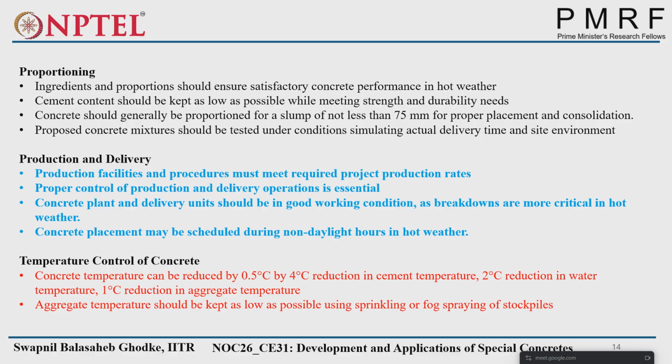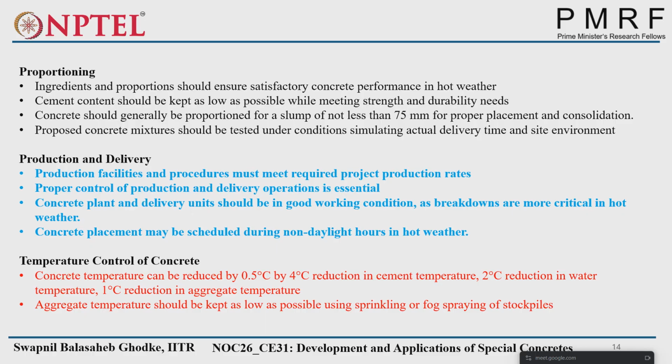For a 0.5 degrees Celsius reduction, it is a 2 degrees Celsius reduction in water temperature. So if you want to reduce the concrete temperature by 2 degrees Celsius, it is 8 degrees Celsius, right? So we have to use much cooler water compared to normal water.